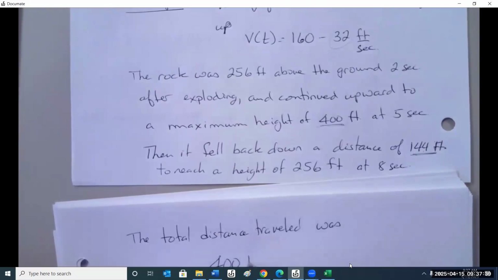Four hundred up plus 144 down equals 544 feet.